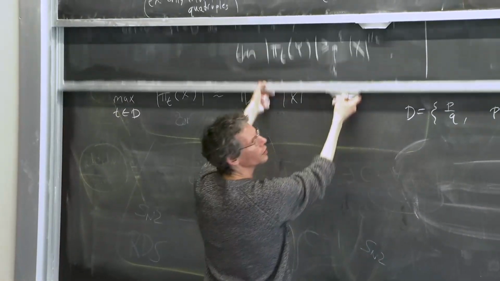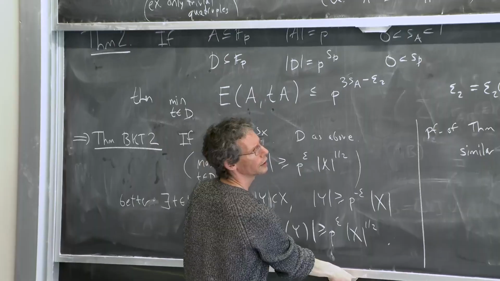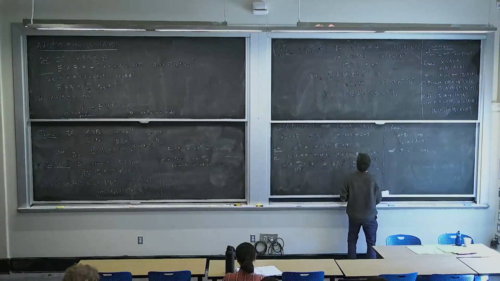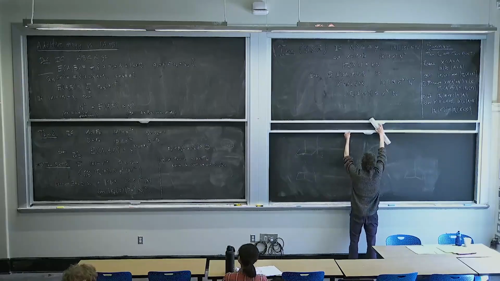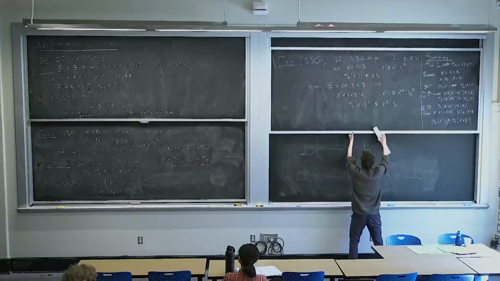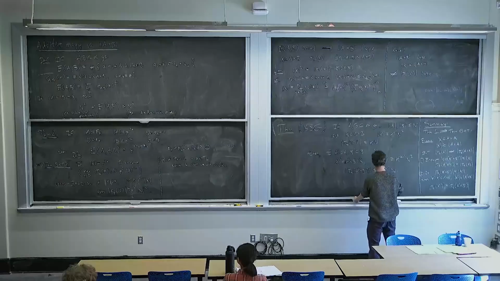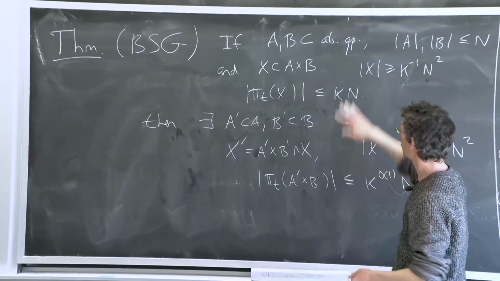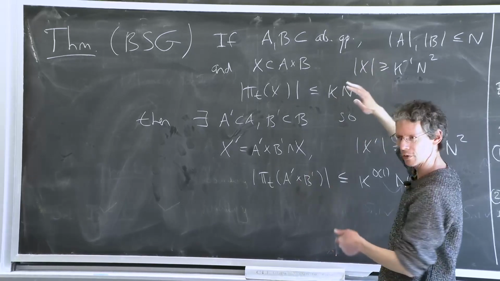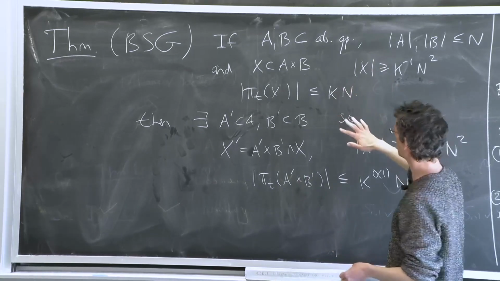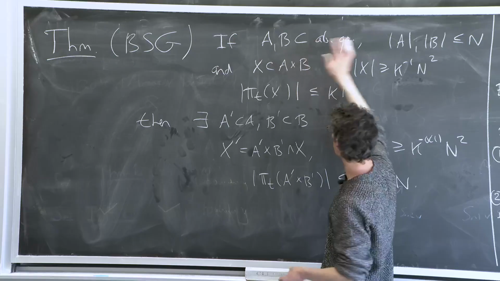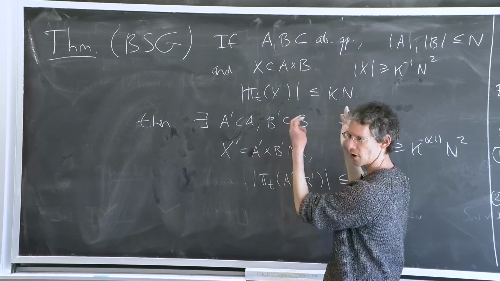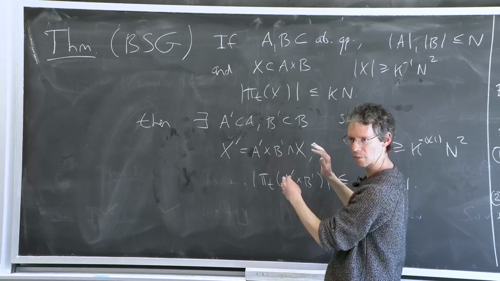All right. What should I erase? Maybe now I can erase the BSG theorem. OK. Actually, before I erase the BSG theorem, let me make a little comment about it. So there are a couple of closely related forms of the theorem. And another way I often say it is that if the energy of A, B is large, then there must be A prime and B prime so that the cardinality of A prime plus B prime is small.